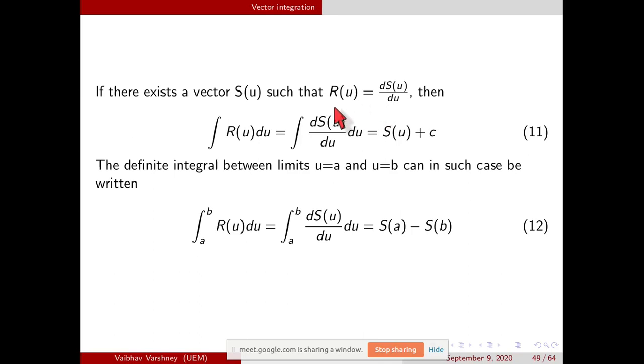Minus sine x is equal to d by dx of cos x, is not it? Yes, sir. So in that case, if you integrate minus sine of x dx, then you will get cos x. You all know the formula of basic integration and differentiation, na?